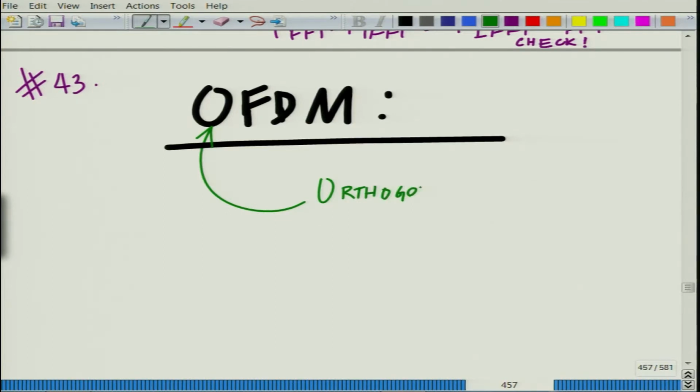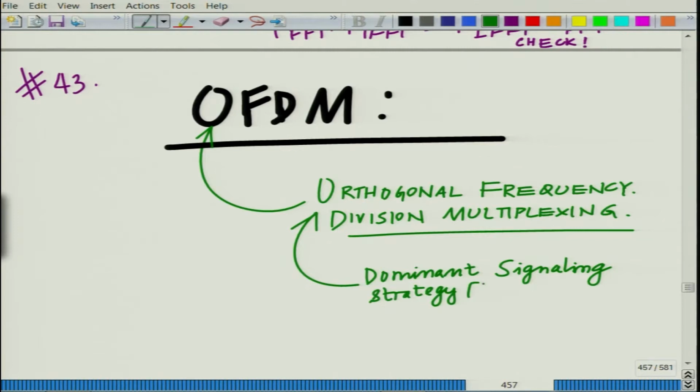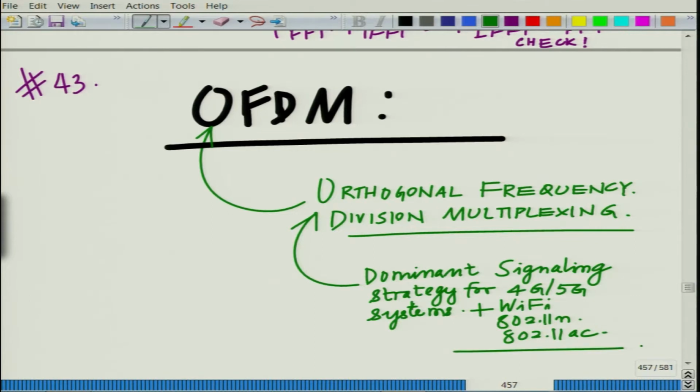orthogonal frequency division multiplexing, which is essentially the dominant technology for not only 4G but also 5G systems plus your Wi-Fi, for instance 802.11n, 802.11ac, all these modern high data rate standards, right.